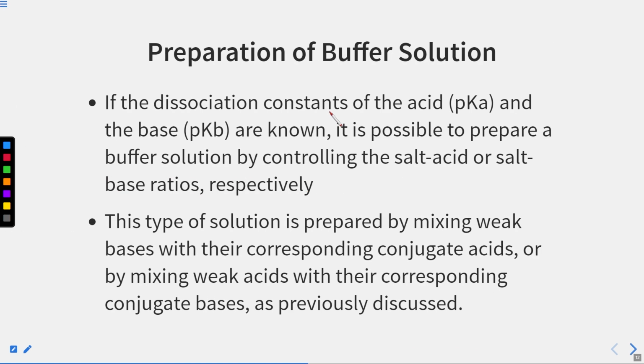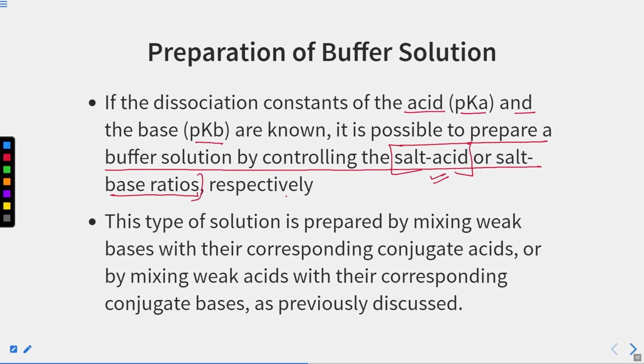Now, how to prepare a buffer solution. If the dissociation constant of an acid, that is pKa, and of a base, pKb, are known, it is possible to prepare a buffer solution by controlling the salt to acid ratio for an acidic buffer, or the salt to base ratio for a basic buffer, respectively.